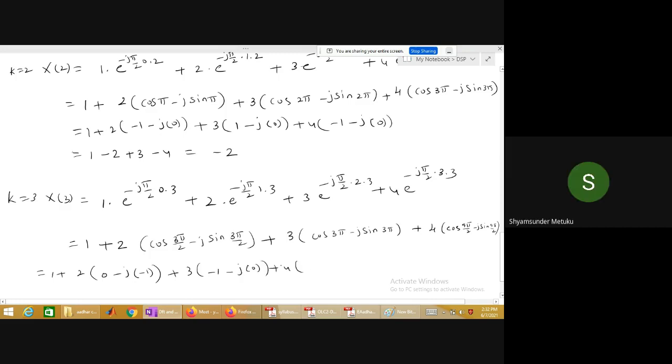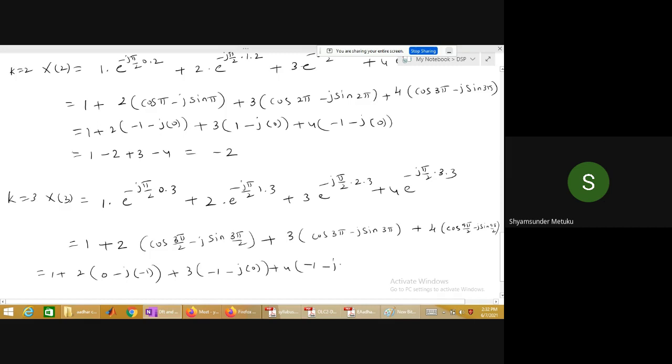Cos 9 pi by 2, yes, sin 9 pi by 2. What do you get? 0. Sure. 2 pi plus pi by 2, 4 pi plus pi by 2.